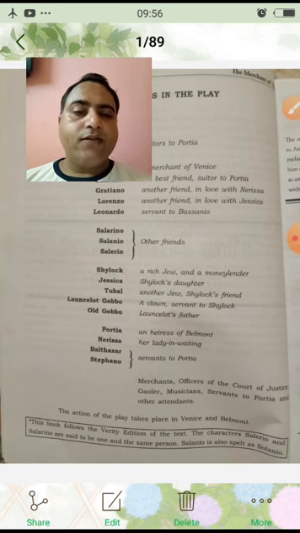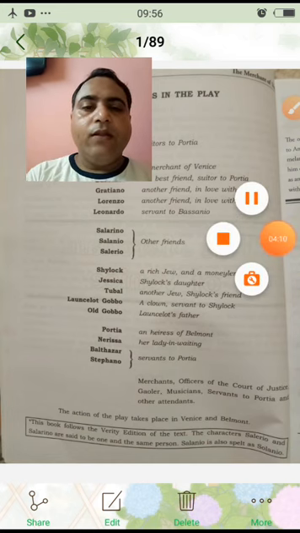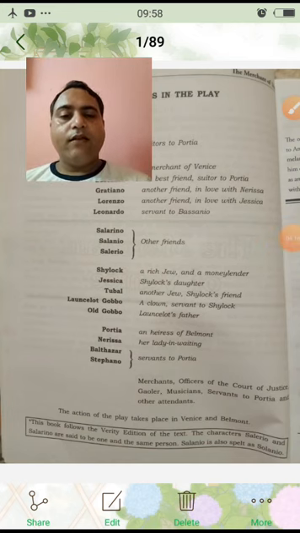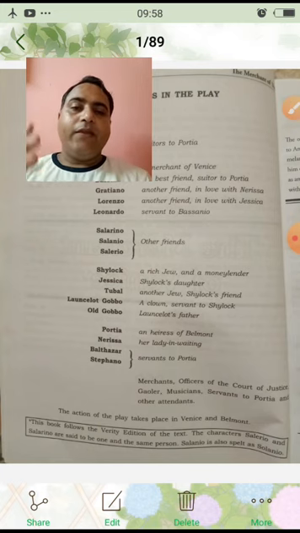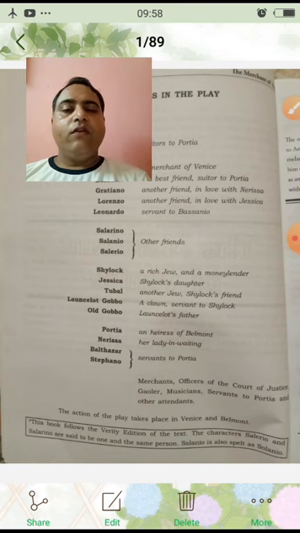Portia, an heiress of Belmont. We can say that Portia is the heroine of this play. Now, who is an heiress? An heiress means a girl whose parents are no more alive, and after the parents' death, all their property has been transferred to the daughter.